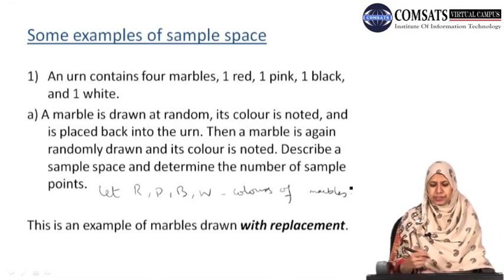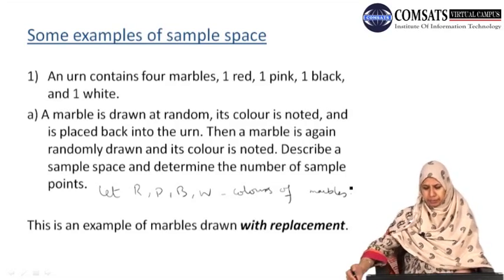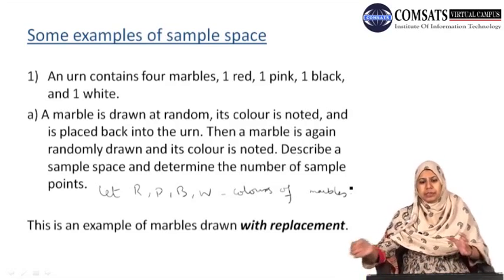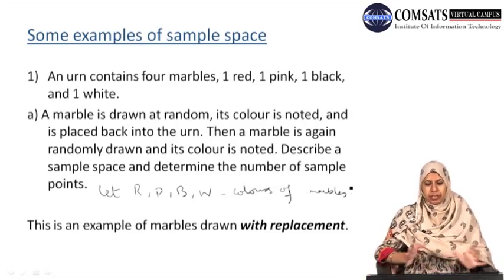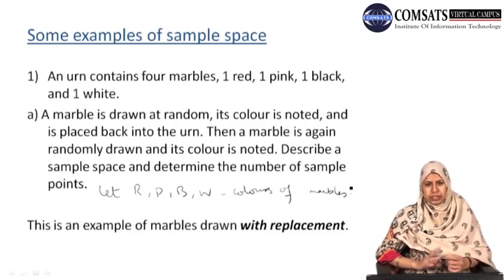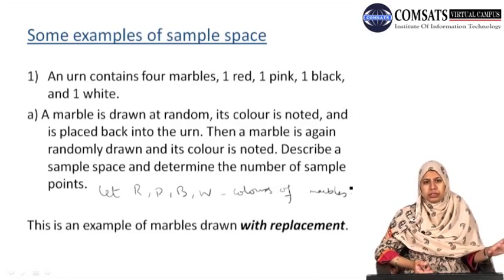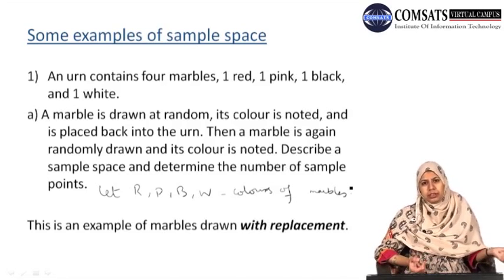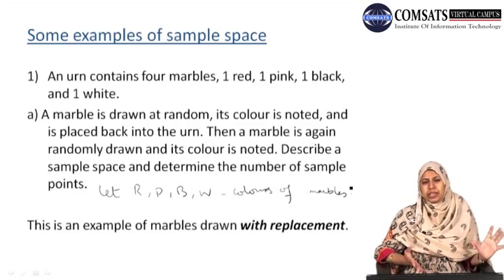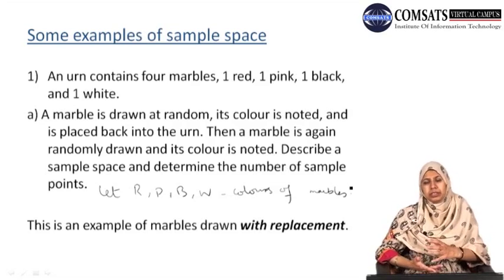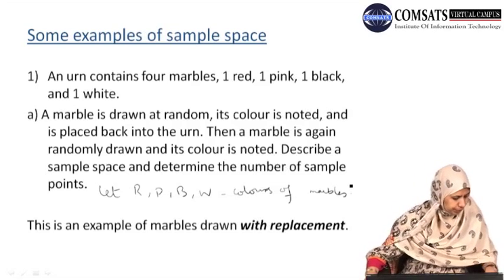This example is known as the example of with replacement. Why? Because the statement says that we are given 4 marbles, we take out 1 marble and put it back into the urn. Then we take 1 marble again, which means that the marble which we put back in our urn is allowed to be the second possible outcome.